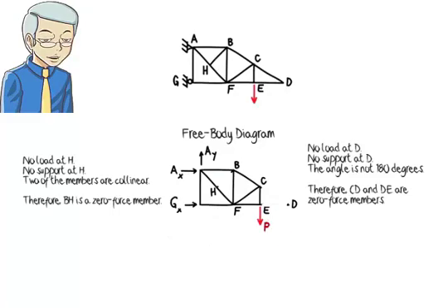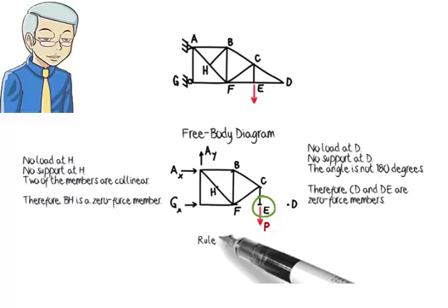If we consider P to be an axial force in a member vertically attached to joint E, then, according to Rule 3, EF is a zero force member.